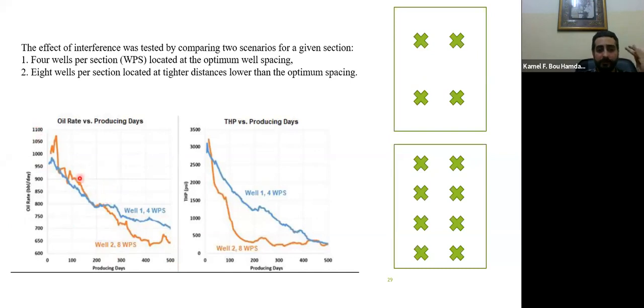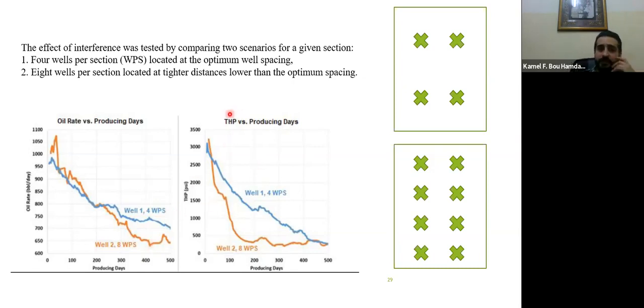If you look at the wells for the second case over here, you can see that it's dropping rapidly, especially after 200-something days. So here it's dropping to a low level. So why is this occurring? We should look at the pressure profiles. What's happening to our pressures?